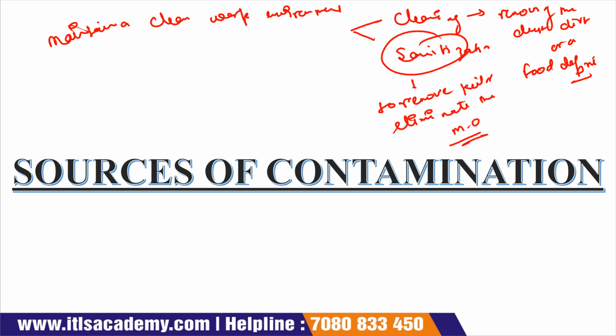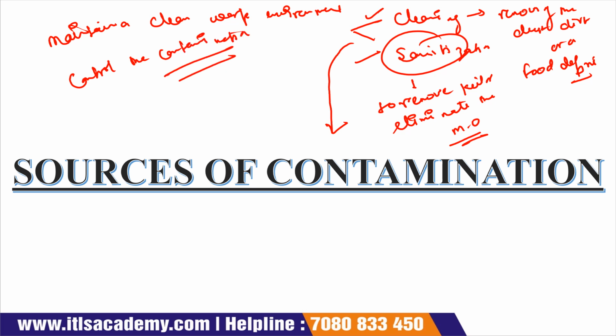But before we do this cleaning and sanitization, we have to know the different sources of contamination, because we have to control the contamination. Contamination means something that is not supposed to be part of the particular food product, but somehow enters into that ingredient and spoils the food product.